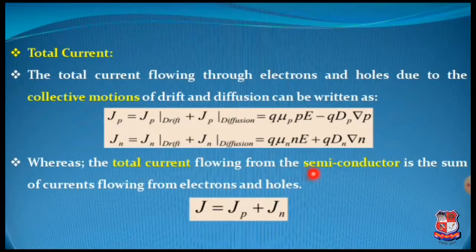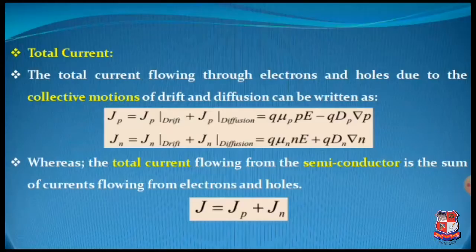The total current flowing in the semiconductor is the sum of currents from the electrons and holes, no matter whether it is from drift, diffusion, or their collective motion. Finally, you end up with this equation: J is equal to Jp plus Jn, the individual currents of holes and electrons.